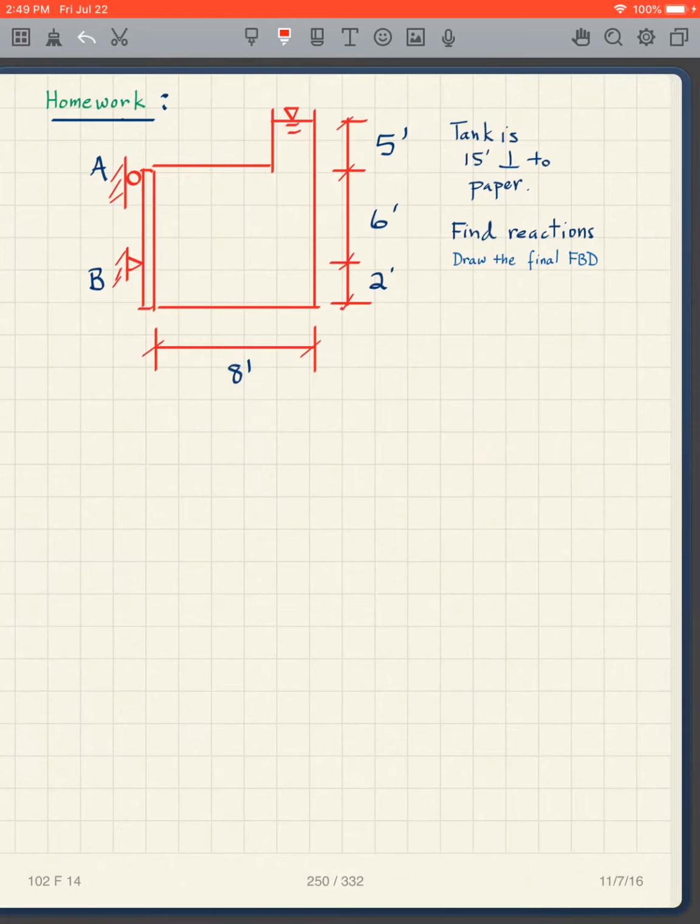Now, I've given you this distance, 8 feet. It ends up this distance 8 feet has no impact. You're not going to use this at all in this analysis. It ends up that, using our method, it doesn't matter what footage that is.